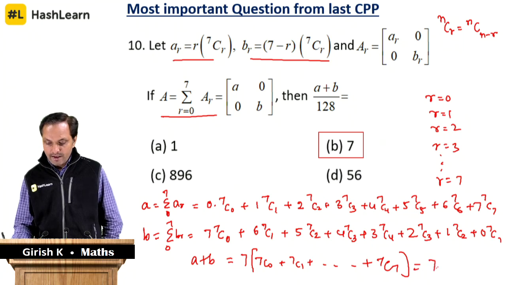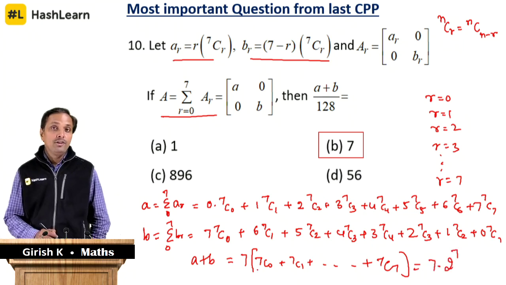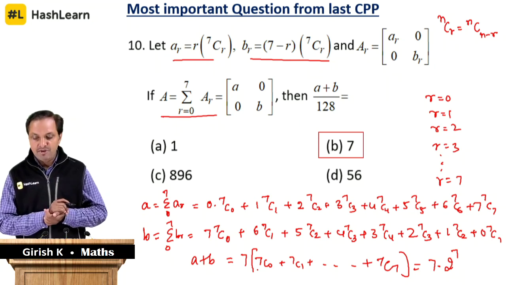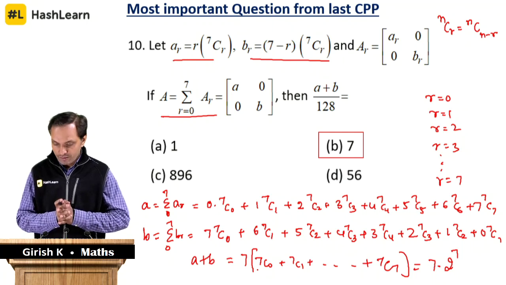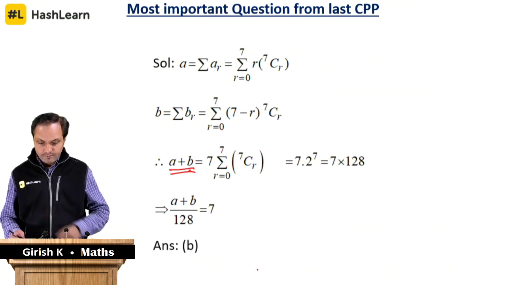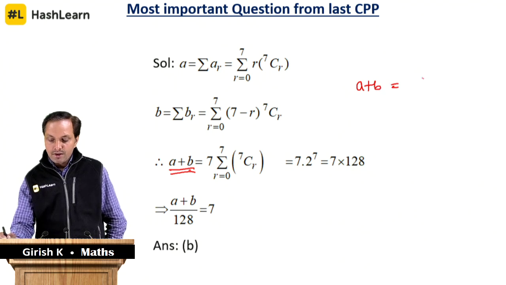So that is 7 times 2 to the power 7. You know that 7C0 plus 7C1 plus 7C2 up to 7C7 is the 2 to the power n formula, that is 2 to the power 7. So A plus B is 7 times 2 to the power 7.